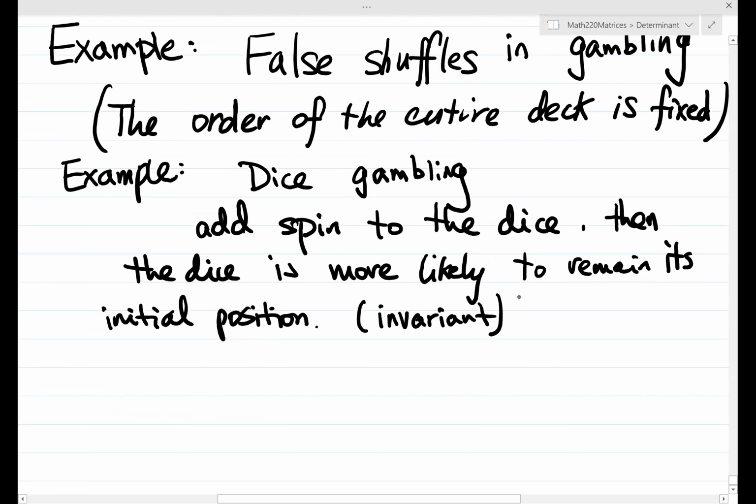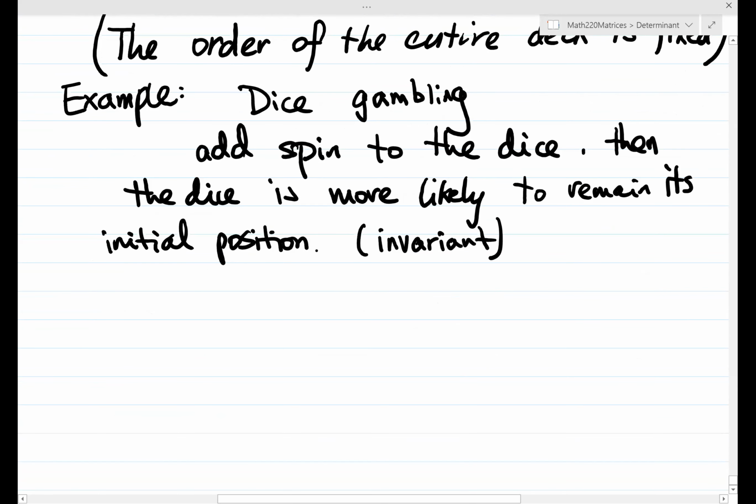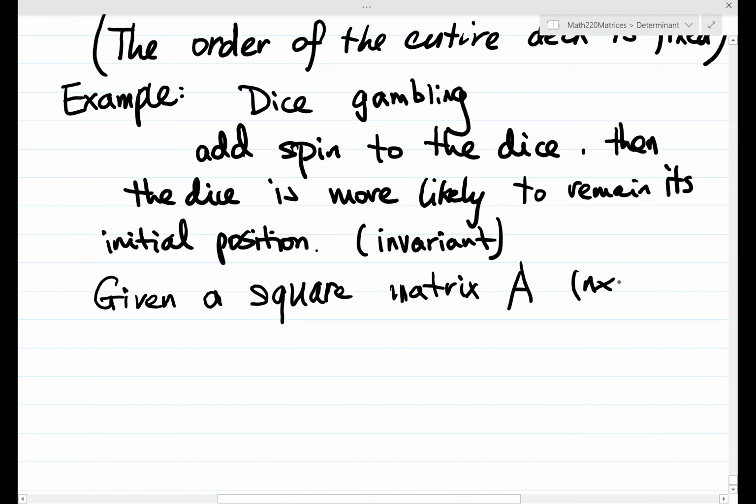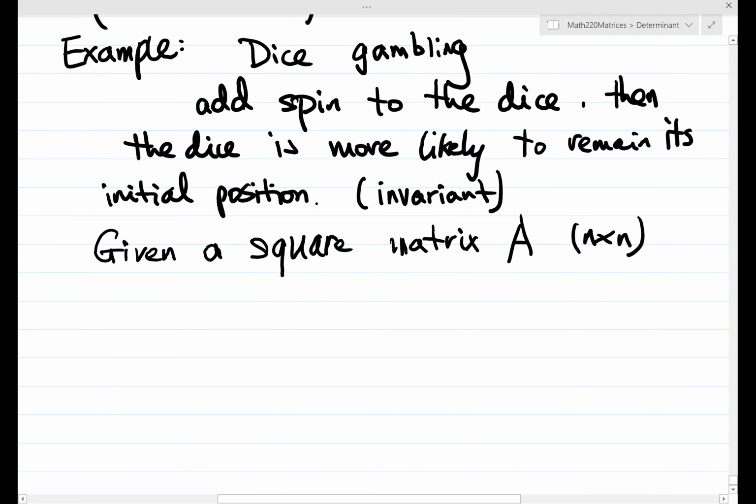Now for matrices. If you view a matrix as a machine, you plug in a vector, then the output is also a vector. So given a square matrix A, n by n, you can view this matrix A as an operation. A defines a rule that you plug in a vector, then you output A times this vector.